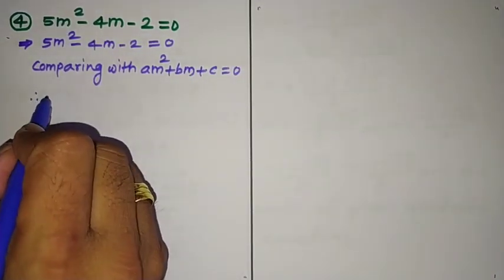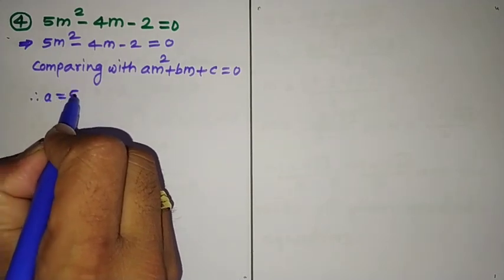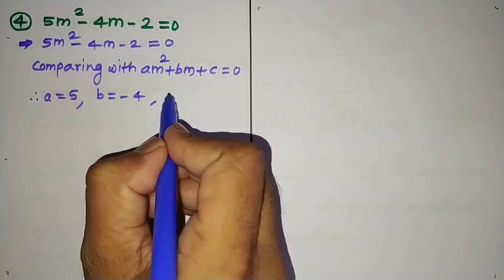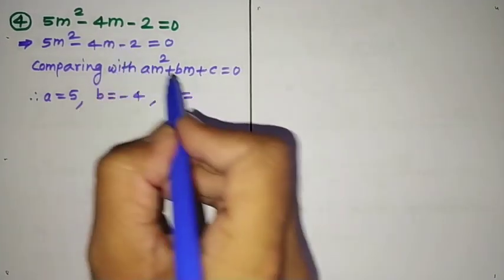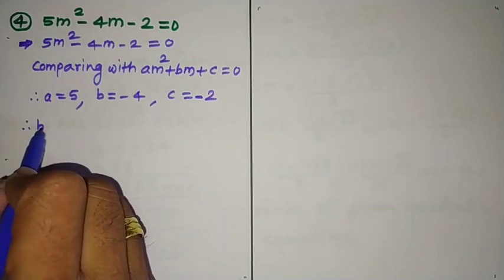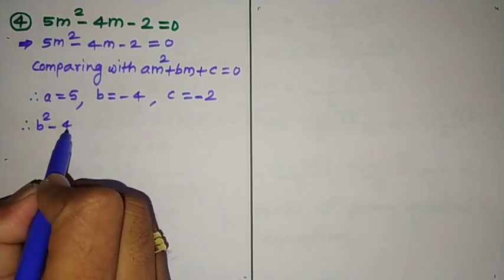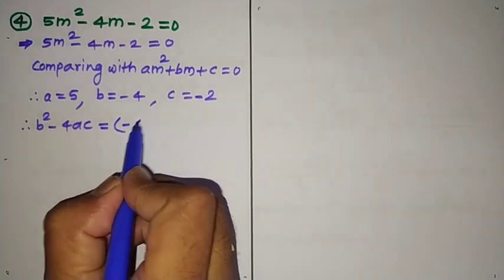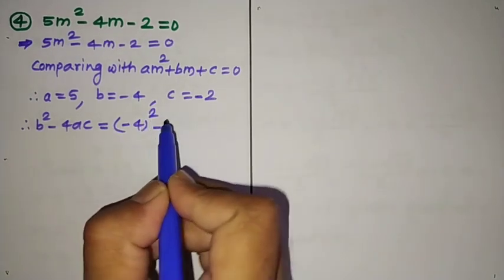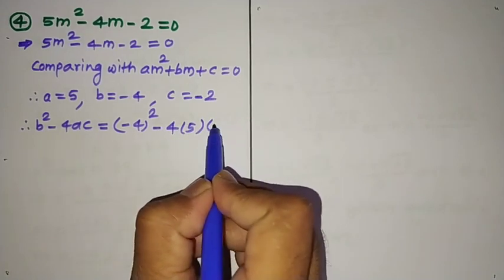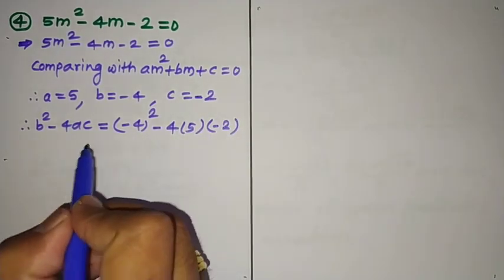Therefore, the value of a is equal to 5, b is equal to -4, and c is equal to -2. Find the value of b square minus 4ac. b is -4 square minus 4 into a is 5 and c is -2.